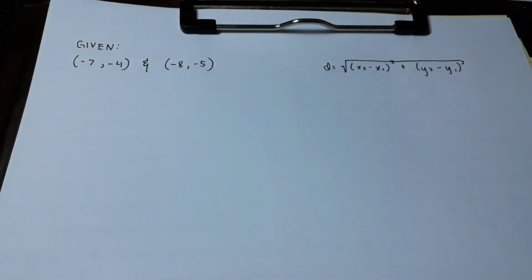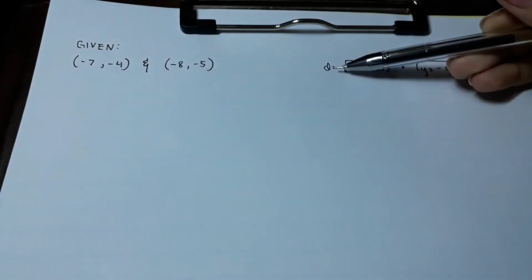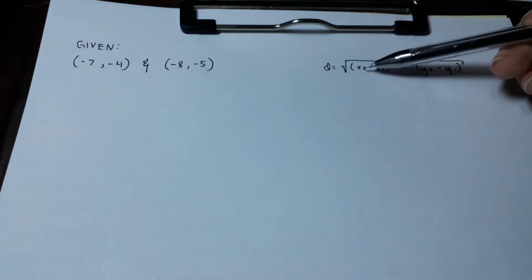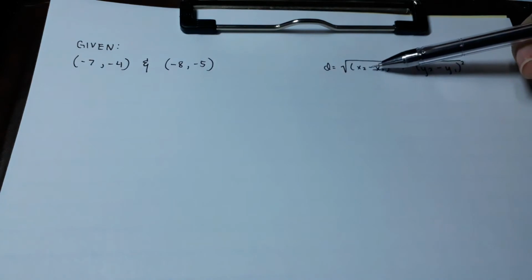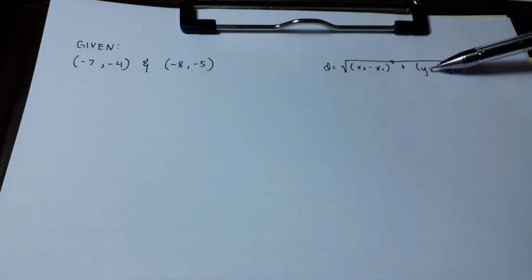Okay, so now we are going to tackle the distance formula. First of all, we must know the equation. We have d is equal to the square root of (x sub 2 minus x sub 1) squared plus (y sub 2 minus y sub 1) squared.